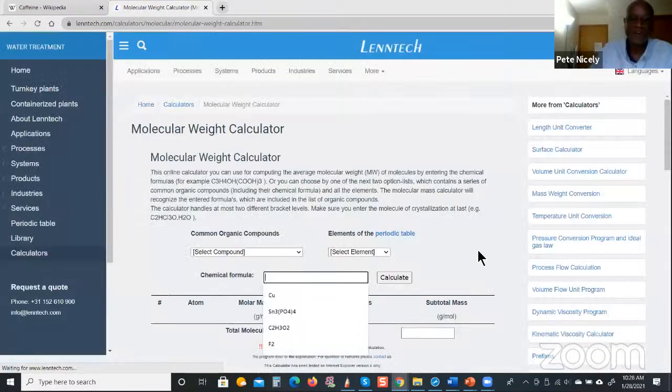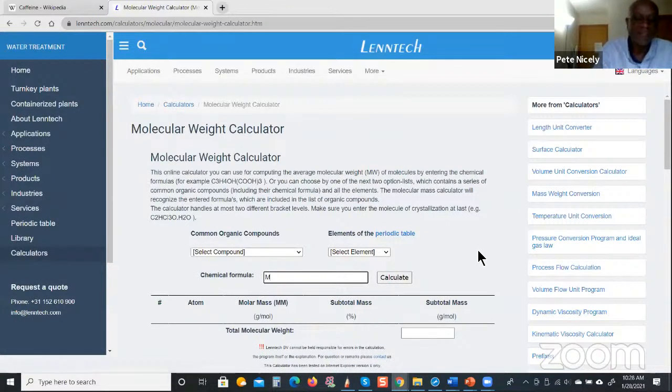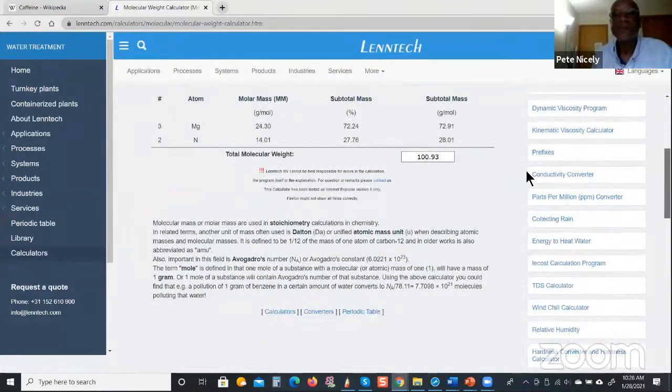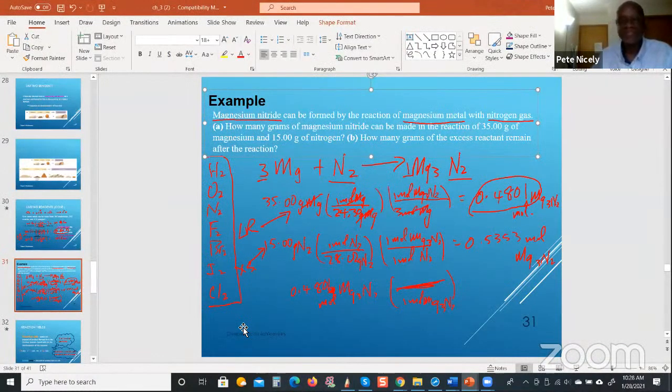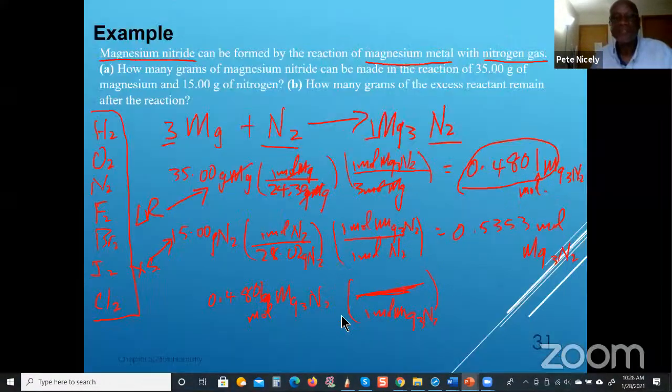Okay, so the formula is Mg3N2, all right? And I hit calculate, and according to this, it's 100.93.